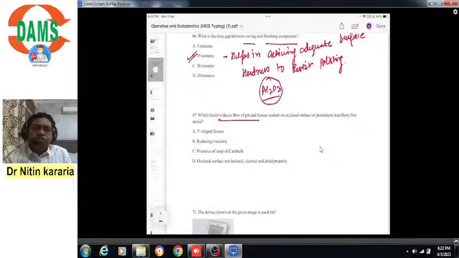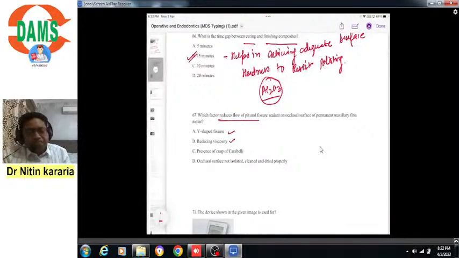So looking at the options, if we talk about Y-shaped fissure, the geometry of the fissure does not influence the penetration of the pit and fissure sealant. Reducing the viscosity, definitely if the viscosity of the pit and fissure sealant is less, it would more readily flow to the bottom of the pit and fissures.